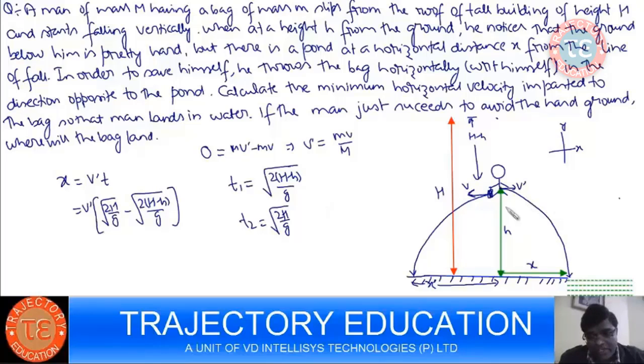Only horizontal motion is created. Vertical motion is not changing. You don't have any force acting except the gravitational force in the vertical direction. So the vertical trajectory remains unaffected. So this is v dash t, and this is the horizontal distance traveled.